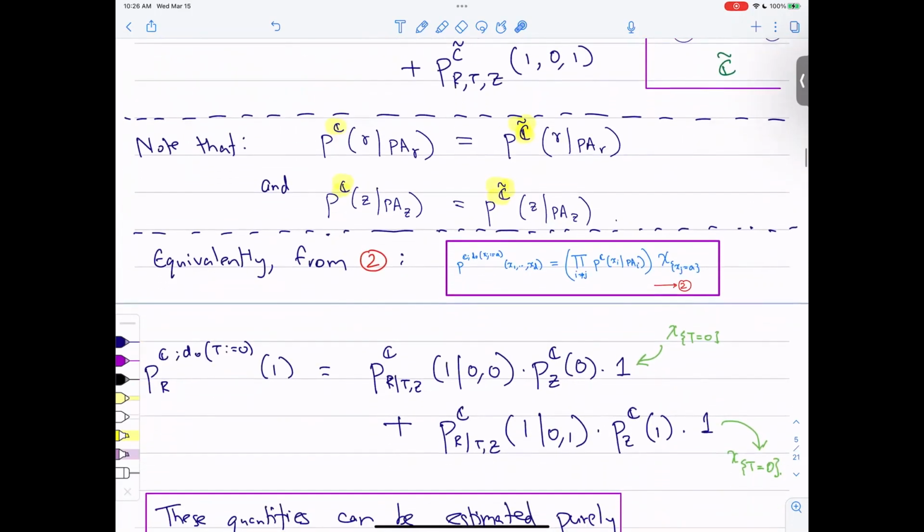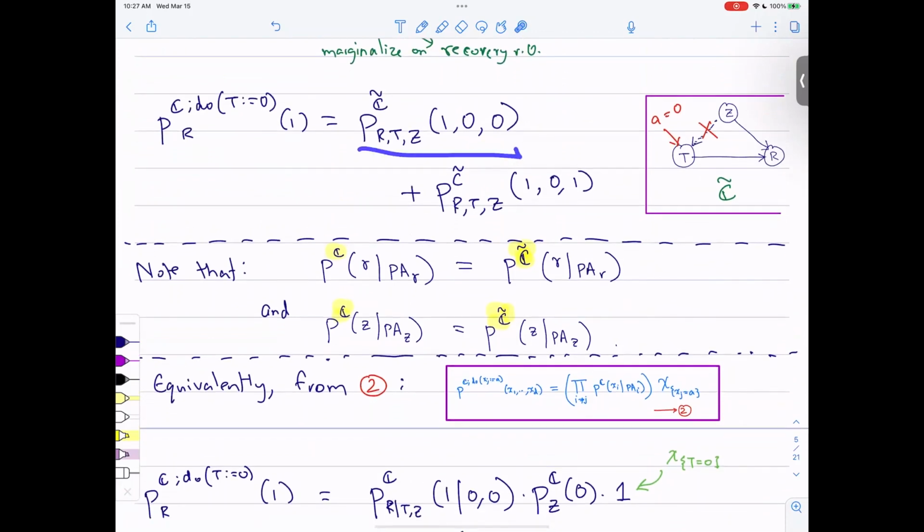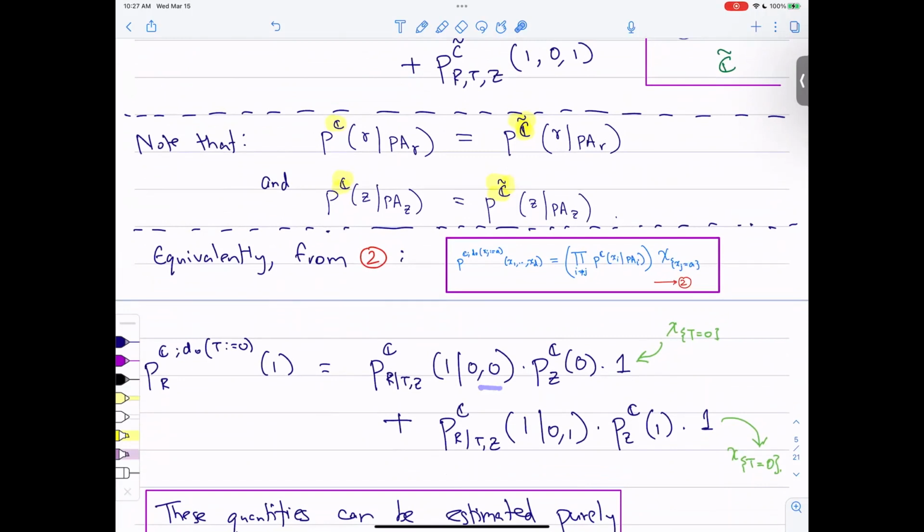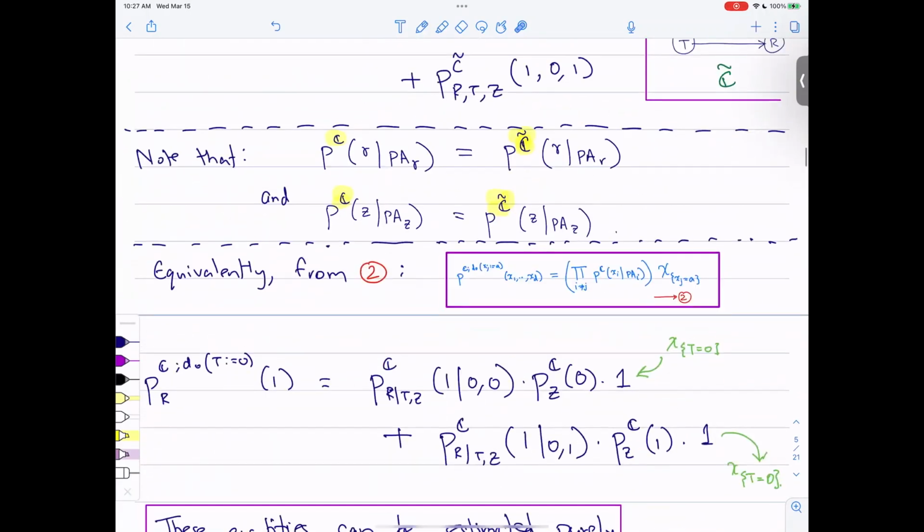So now, what is the recovery when do treatment equal to 0? Well, this is what I have: P of recovery is 1 given 0, 0 times P of 0, because the indicator treatment equal to 0. Because treatment is always equal to 0 in these 2 terms, it's just 1.